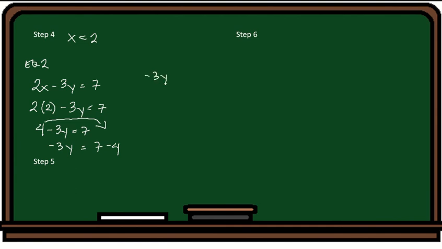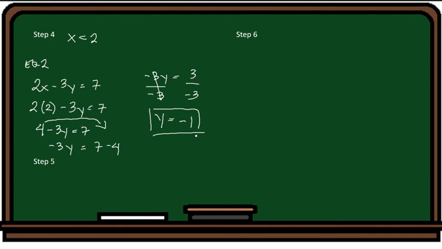Negative 3y is equal to 3. So divide each number by negative 3. So you will have now the value of y, which is 3 divided by negative 3, that is negative 1. So we have now the variable y, which is equal to negative 1.